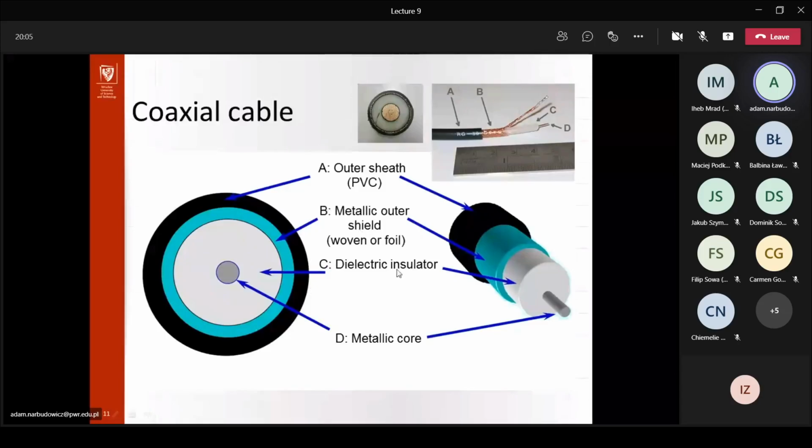So in that case, it's much more robust to any external influence, simply because we have the signal, the electric field, fully enclosed within our cavity, right?